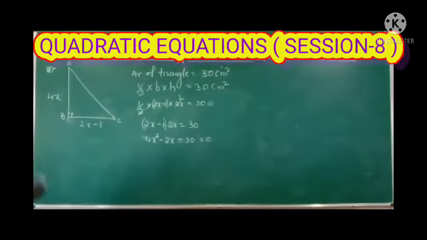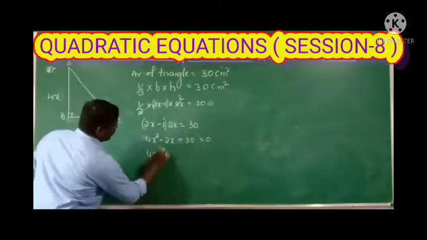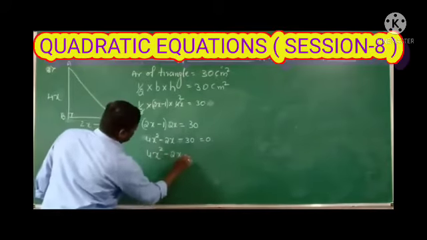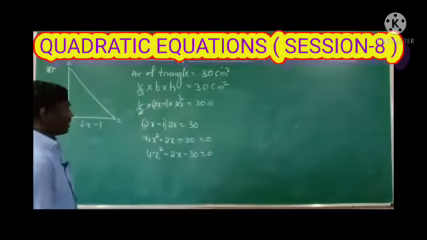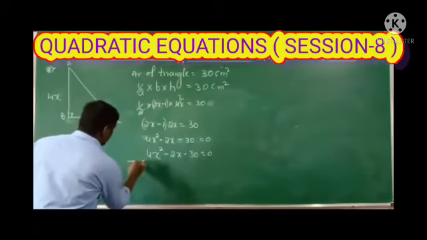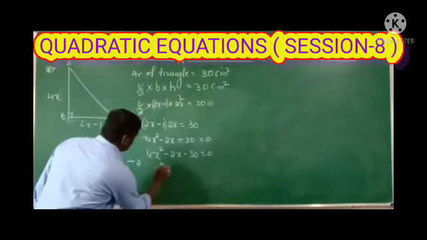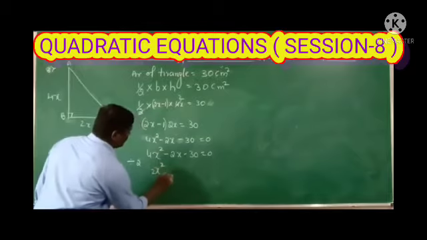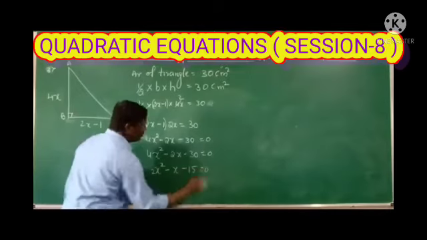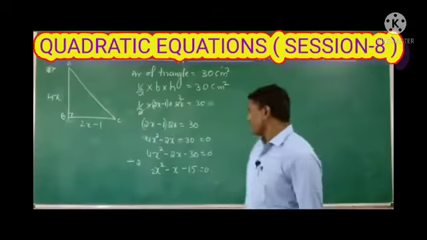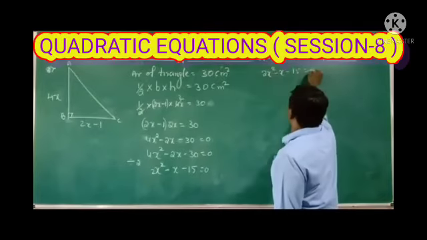Just rearrange the terms. What will you get? 4x square minus 2x minus 30, which is equal to 0. All the coefficients are even numbers, so just divide the whole equation by 2. You will get the reduced form of the quadratic equation, that is 2x square minus x minus 15, which is equal to 0.